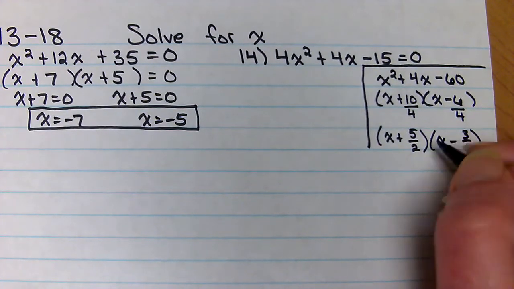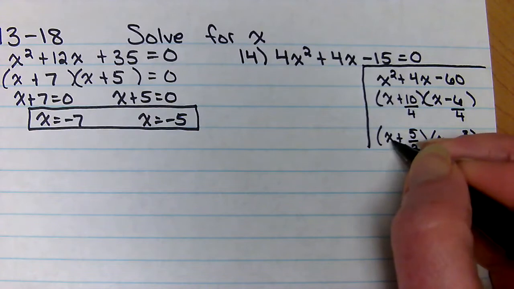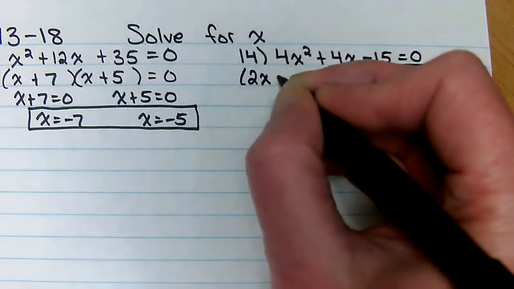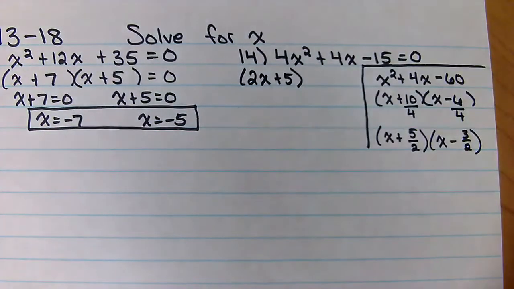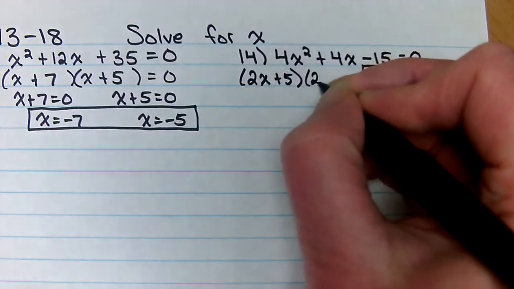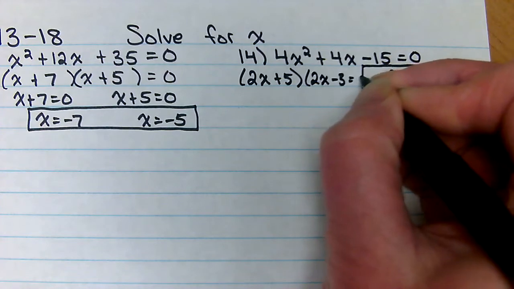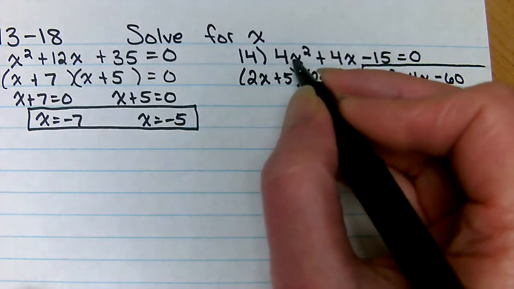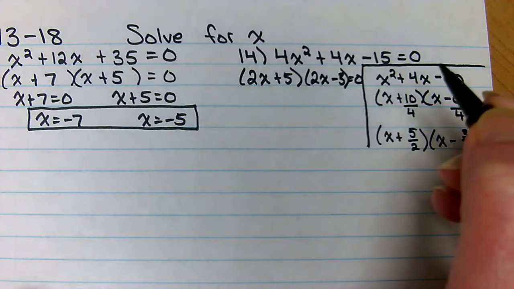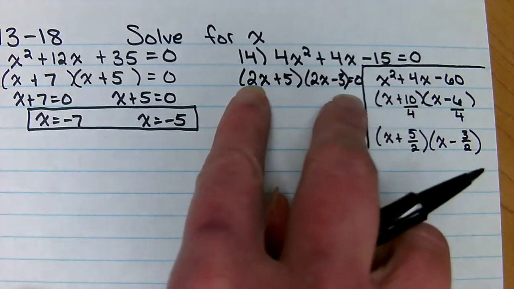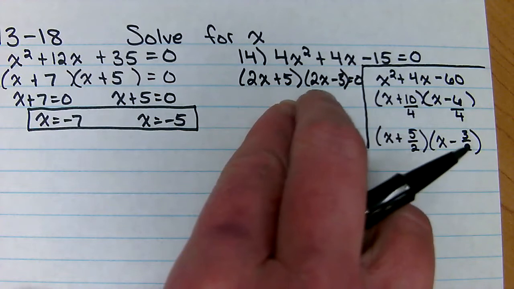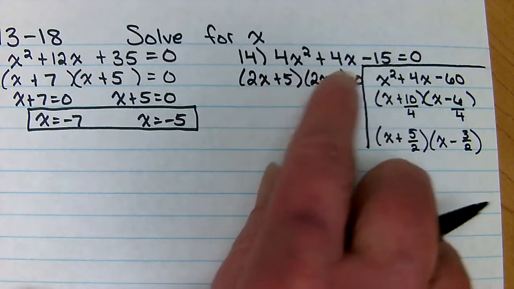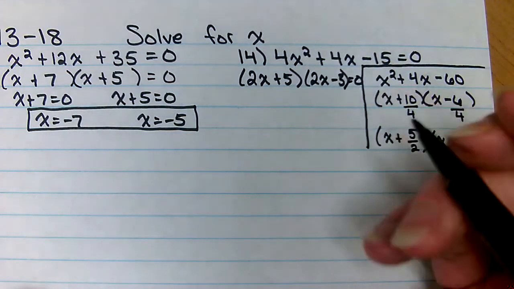Now, you're not supposed to do the fraction, so we move that back up and we get 2x plus 5 and 2x minus 3. Now that is equivalent to what we started with. 2x times 2x is 4x squared. I'd have negative 6x and a plus 10x, that gives me a 4x, and 5 times negative 3 is negative 15.